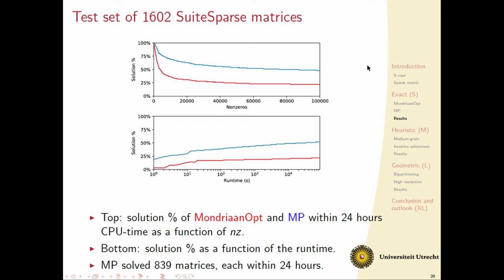And at the top you see that the new one, which is MP, the old one is MondriaanOpt, will solve, of all the matrices with less than 100,000 non-zeros, about 52%. And in the bottom you see that, well, the more time we give it, the more is being solved. And one of the things we'll do in the future is obviously to let it run for longer times and to get even more matrices solved.